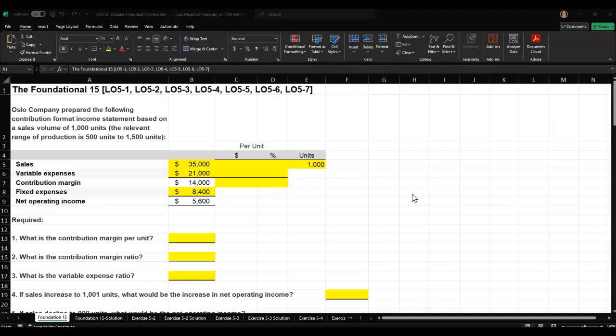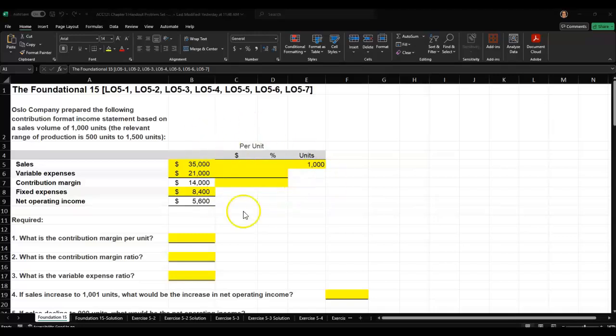So when they gave us this information, they gave us just this tiny little piece of the income statement, and they told us that the number of units is 1,000 units. So the first question is what is the contribution margin per unit, right? So when we're looking at this information right here, what should we calculate first?